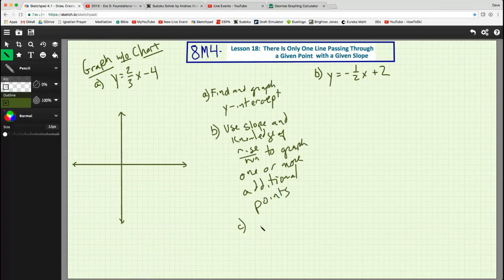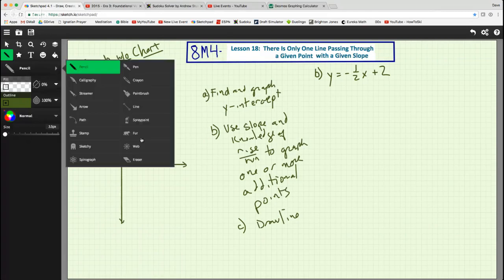And then C, we're going to just draw the line. Okay, so those are our steps. And watch how easy and powerful what we've just learned is. We can do this with very little math.